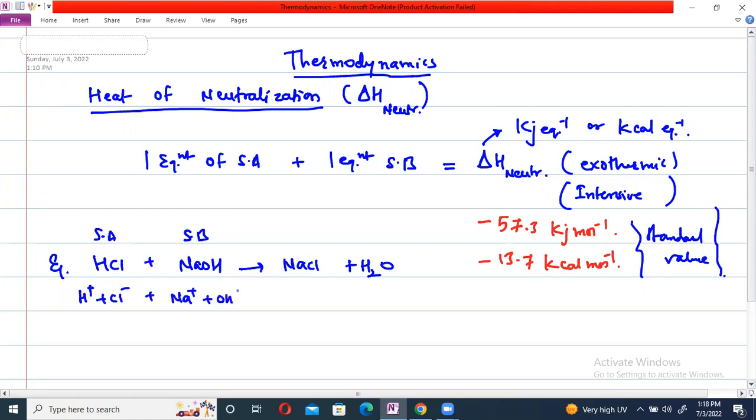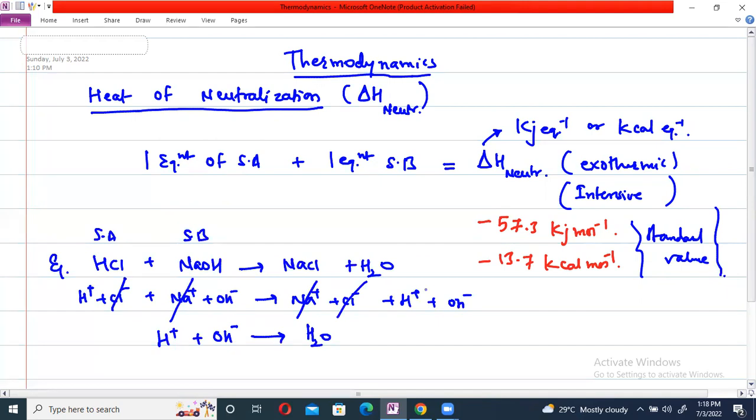NaOH can be written as Na plus, OH minus. NaCl is Na plus, Cl minus. Water is H plus, OH minus. You can say these two get cancelled. One equivalent of acid is H plus, one equivalent of base is OH minus, combining to form H2O.